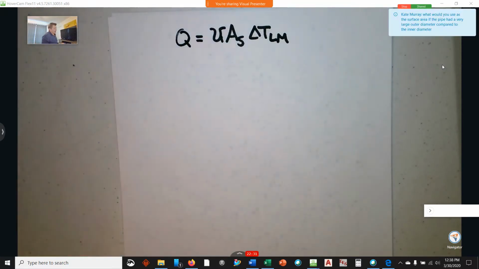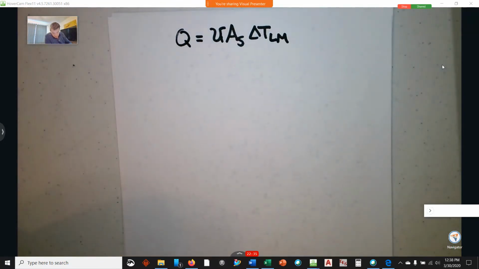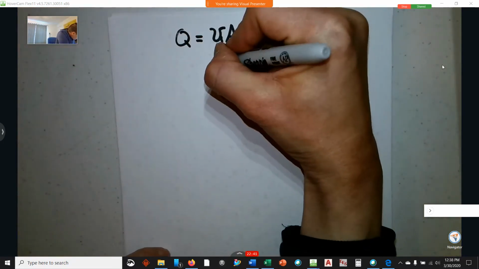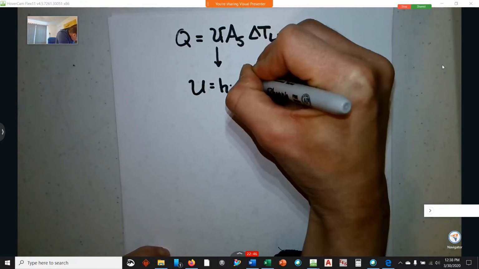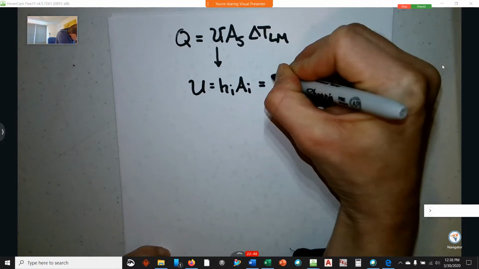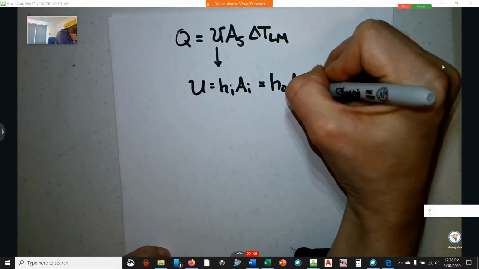U is 1 over h_i A_i, so it's the inner heat transfer coefficient, or outer heat transfer coefficient.